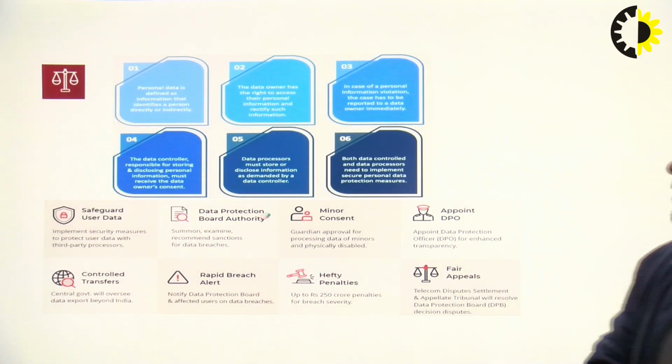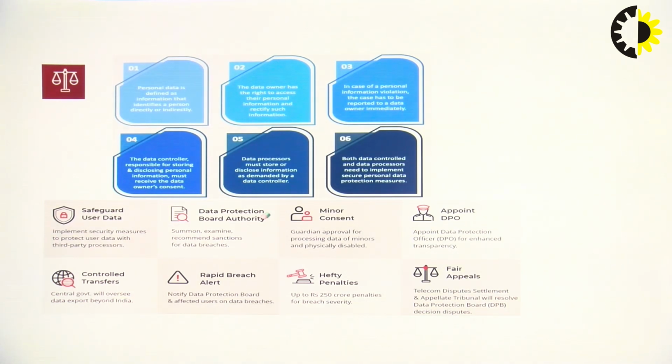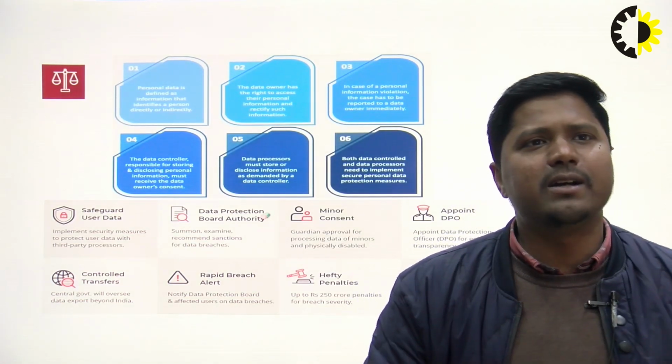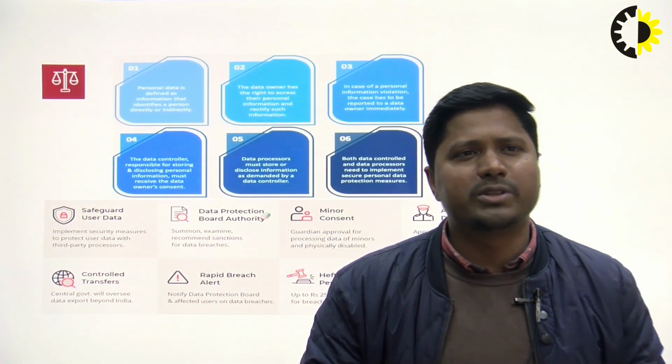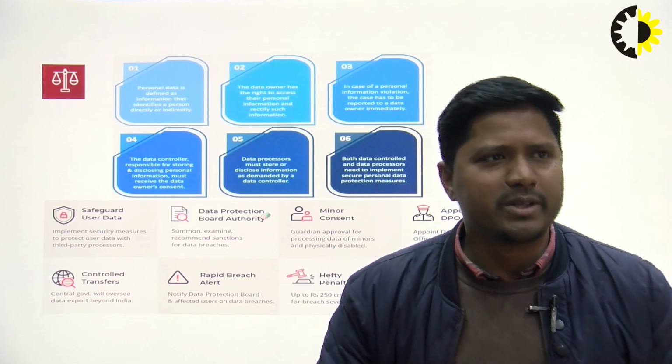Fourth point is, the data controller responsible for storing or disclosing personal information must receive the data owner's consent. Fifth point is, data processors must store or disclose information as demanded by a data controller. And sixth point is, both data controllers and data processors need to implement secure personal data protection measures.